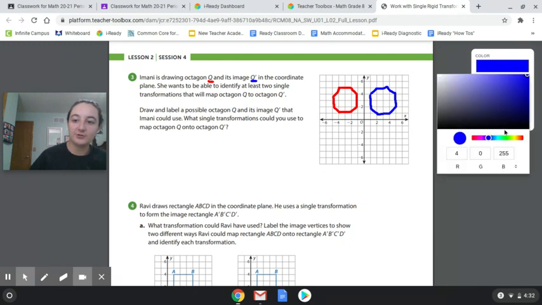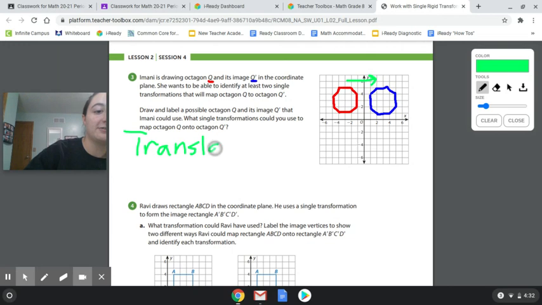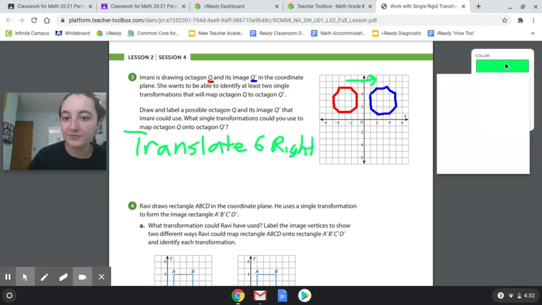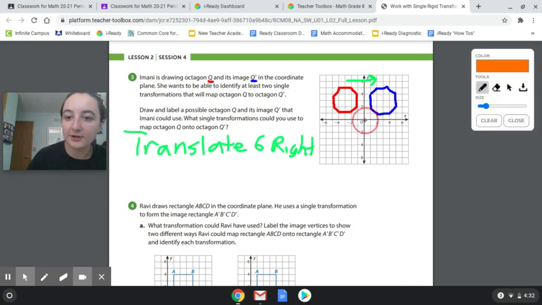When we do that, we can see that we could go from our red to our blue, so our Q to our Q prime, by translating the figure. We would have to count to make sure, so 1, 2, 3, 4, 5, 6, so we could translate 6 to the right. Or our other option would be that we see our points are equal distance from our y-axis here.